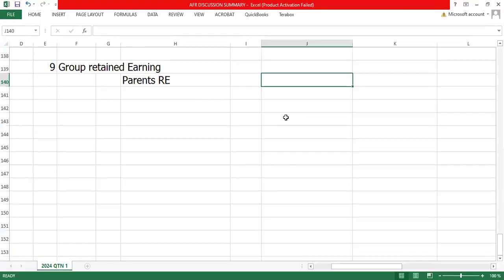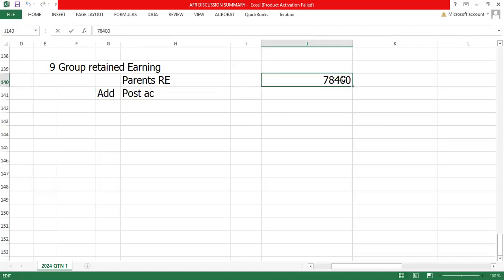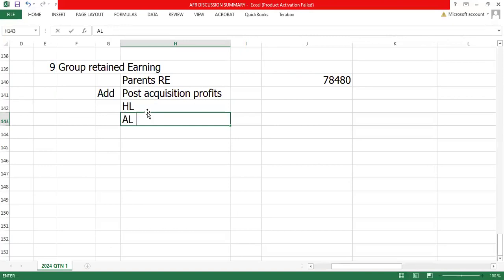Yes. Then you add the post-acquisition profits. It is 480, not 400. Then you add the post-acquisition profits, you have the one of HL and also the one of AL.